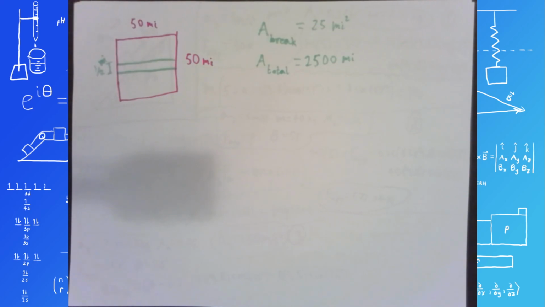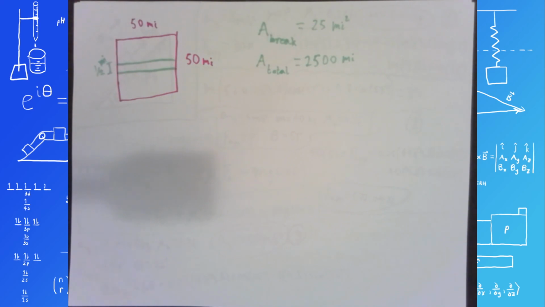Okay, so it said your job is to determine the number of breaks you should place to minimize the total area lost from the fire as well as the amount of area lost, which is poor wording if you ask me.